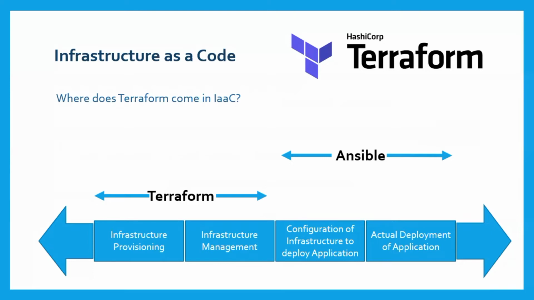And for configuring your infrastructure to deploy a particular application and to deploy the actual application, you will have other configuration tools like Ansible, Chef, and Puppet in place. So now coming to our main topic, Terraform. Now we know what IaC is, what it is used for, how it benefits the overall team, and where Terraform comes in IaC, that is, at the infrastructure provisioning and management part.